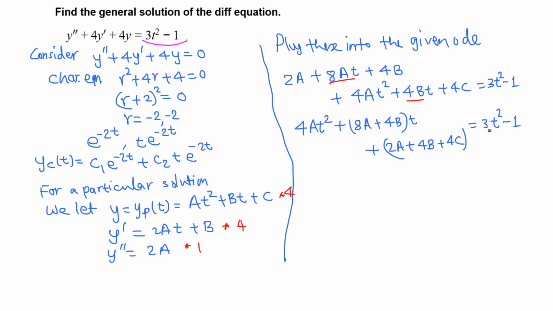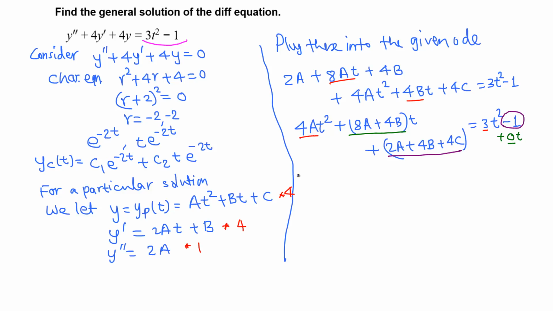So for t squared, 4A should be equal to 3, and there is no t term, that means 0t, so 8A plus 4B should equal 0, and the remaining constant 2A plus 4B plus 4C should be equal to negative 1.